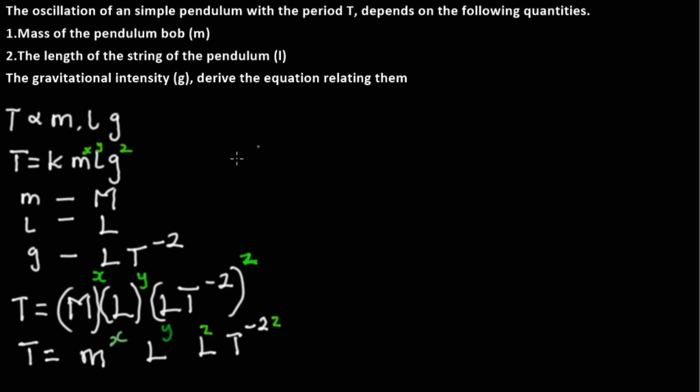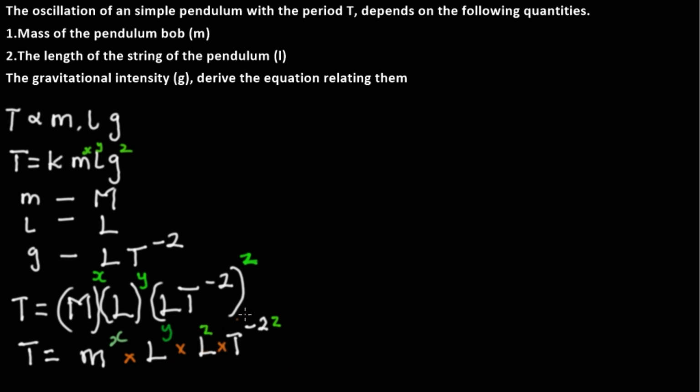Now, if you are observant, we have L. Since there's a multiplication sign standing in between them, permit me to put the multiplication sign so that it will be clearer. Since there's a multiplication sign between them, you know that L is common among the values.